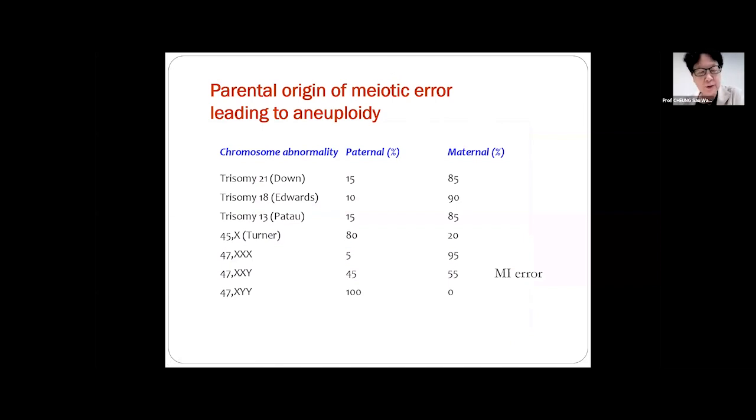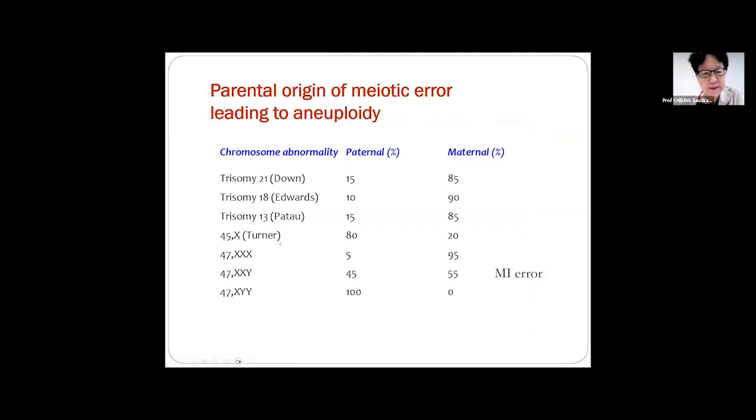The meiotic errors also differ by origin. The study shows, for example, in trisomy 21, 85% of the meiotic errors are from the maternal side, and trisomy 18 is 90% from the maternal side.